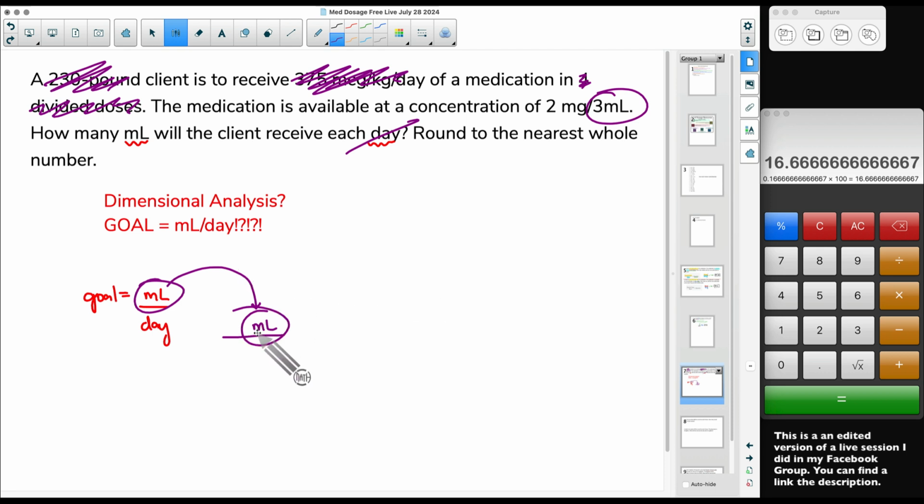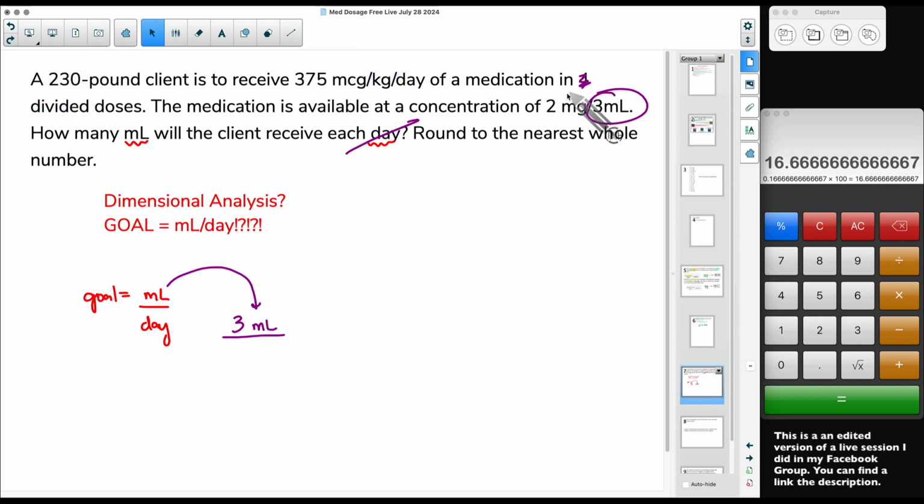So what do we know about milliliters, y'all? In this problem, we know 3 milliliters. Yes, I'm putting the 3. I'm not putting the 2 first. Let me come here and just get rid of all this other stuff too. Clean it up a little bit. But there is nothing wrong with us flipping a fraction. Absolutely nothing wrong with us doing that.